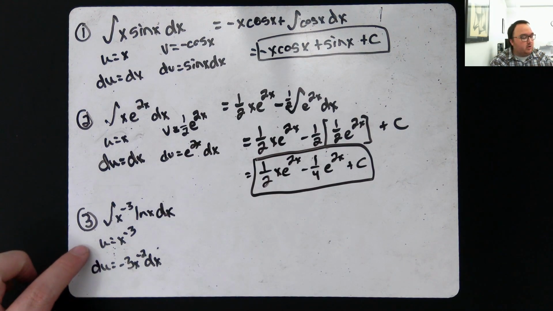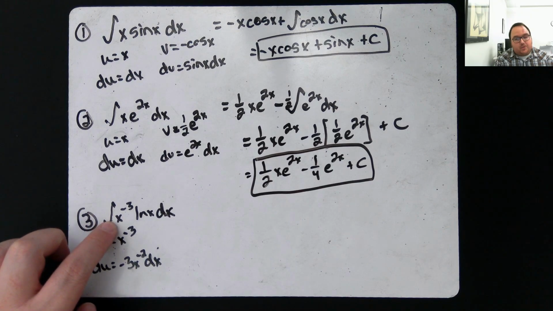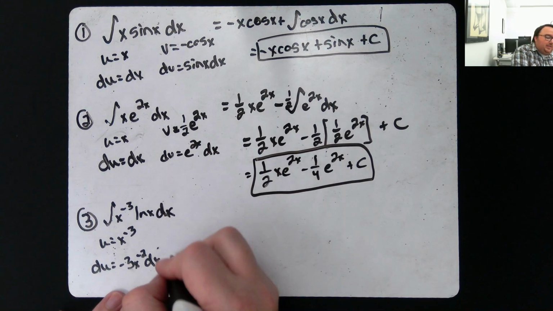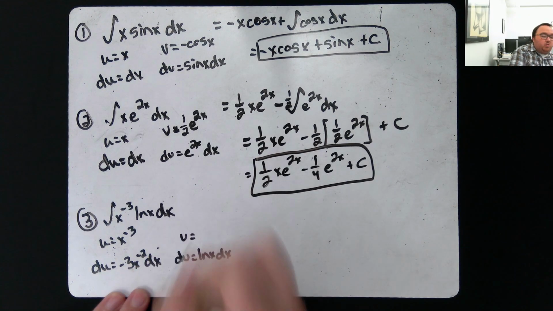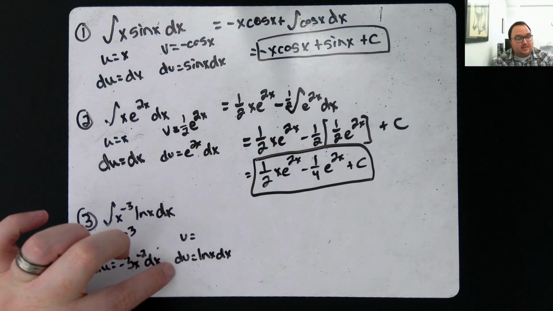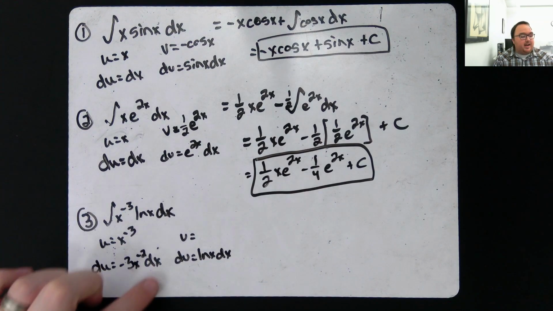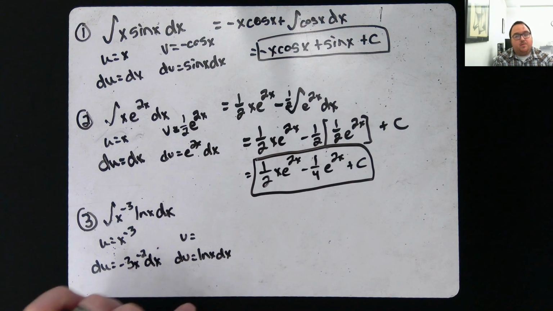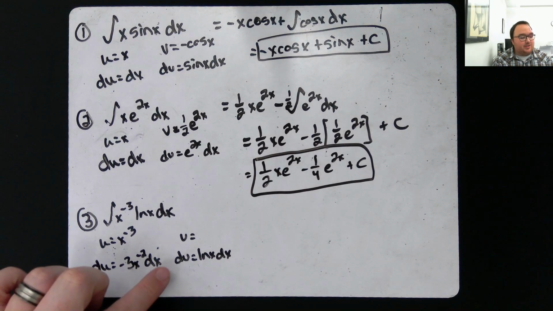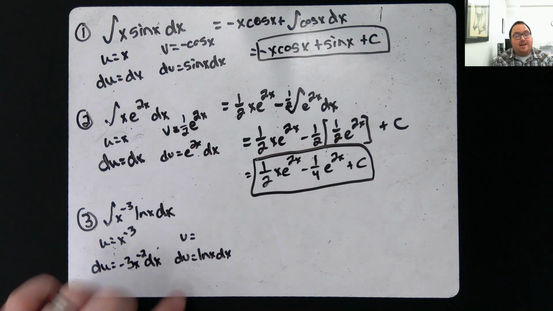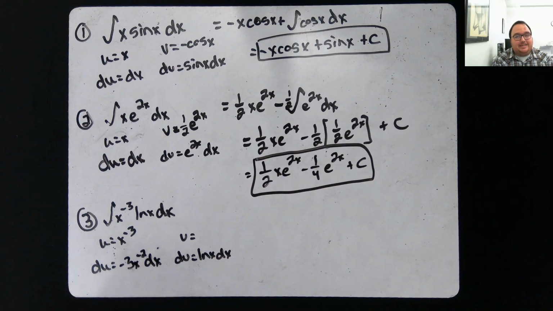If the u is equal to x to the negative third, my dv would have to be the natural log of x dx. So think about this though. I would then need this to get the v. Can I take the antiderivative of the natural log of x? The answer is no. So it does not make sense for the natural log to be dv, because I cannot take the antiderivative of that. So this wouldn't work here.